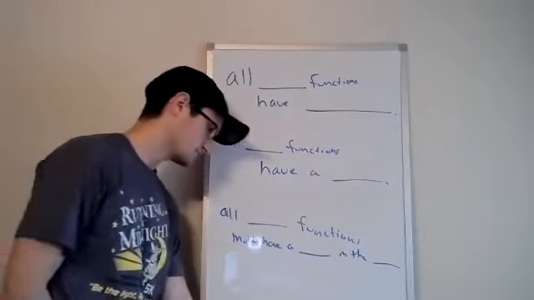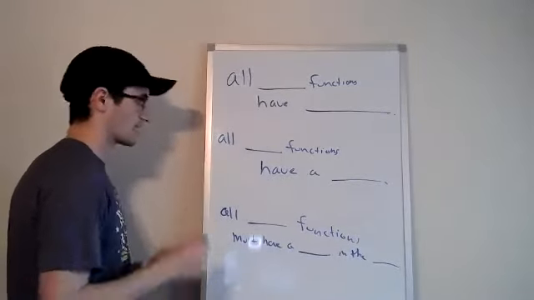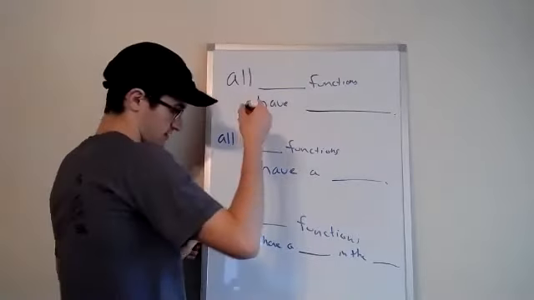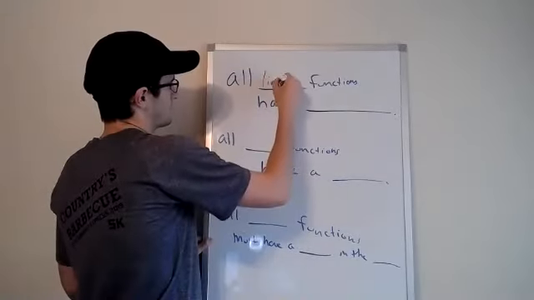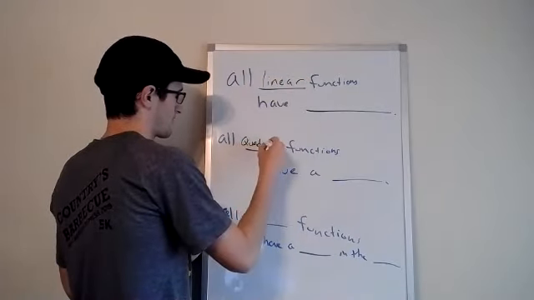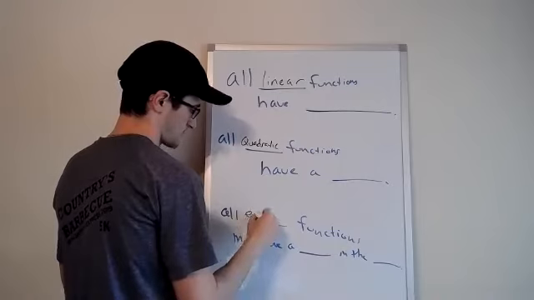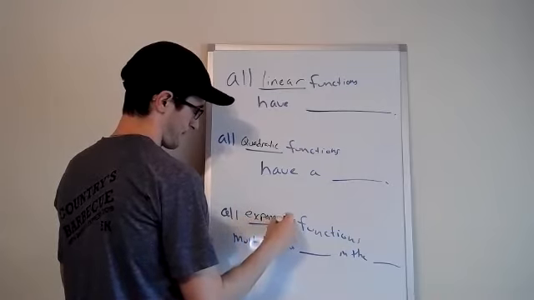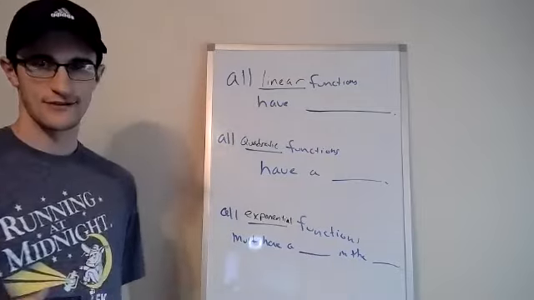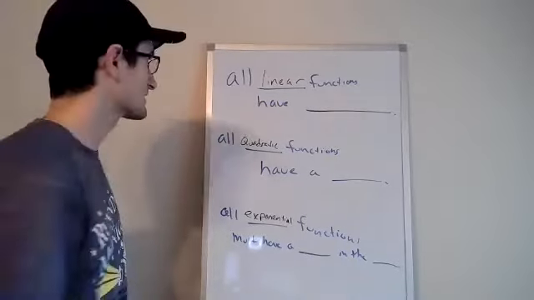Okay. So we have 3 different kinds of functions. The stuff that's going to go in the first blanks, we talked about comparing: linear, quadratic, exponential. That's going to help us figure out what's going in the rest of the blanks. Okay.